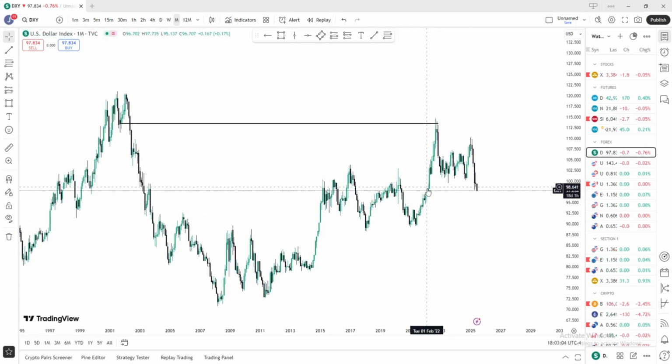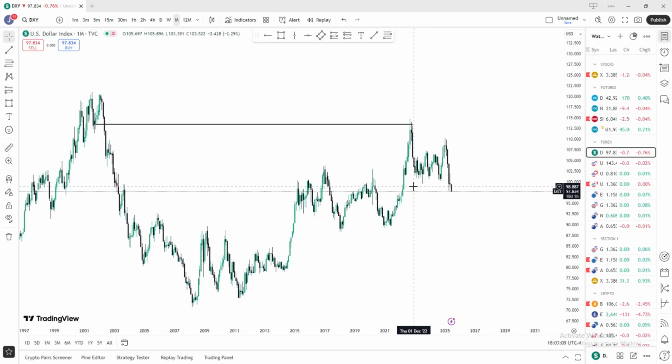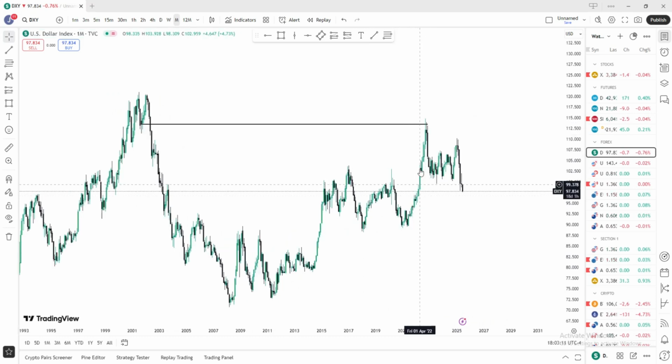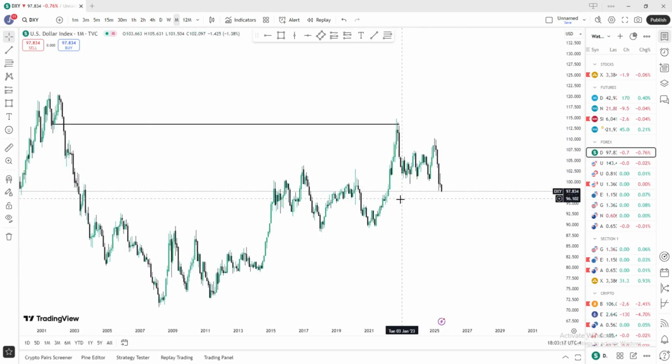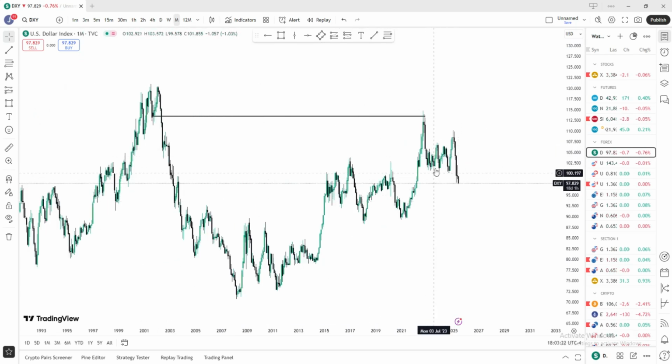You can see this is what happened here. Then we come down here. When the market hits it, what did it do? It came down, then it went up. What is it going to do? This is a fair value gap.